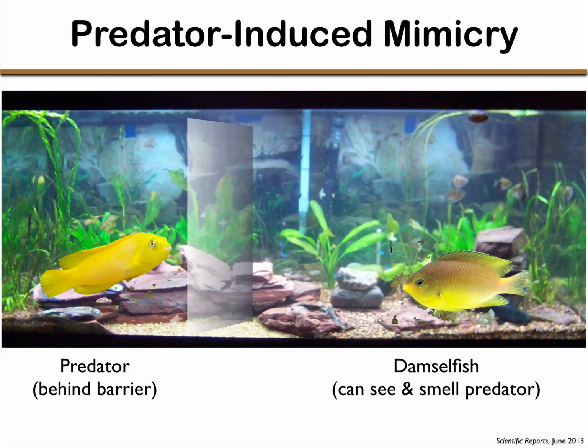And here we have a situation with predator-induced mimicry. Now this is kind of interesting because the eye spot actually becomes more apparent. It grows in size only when the damselfish detects the presence of a predator, which in this experiment is a different type of fish.